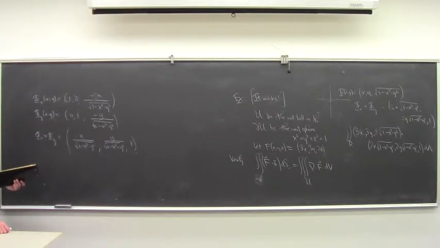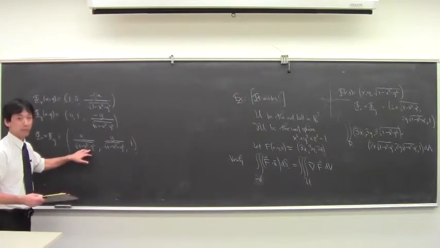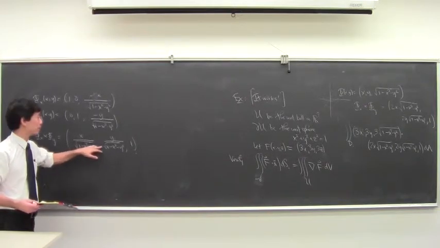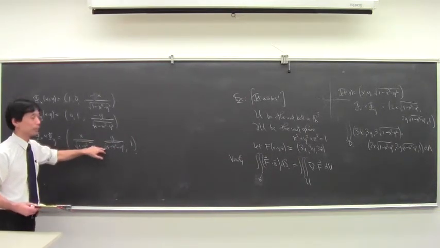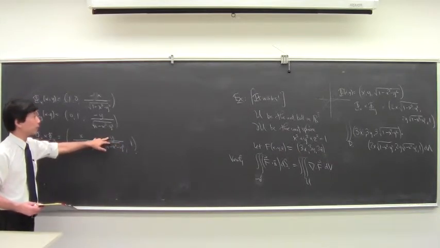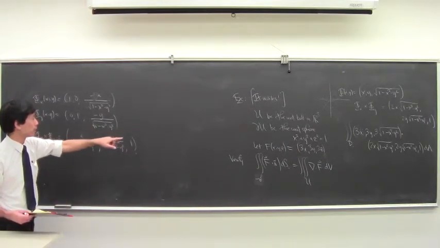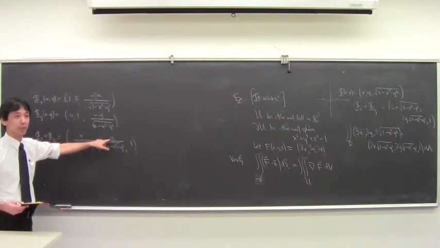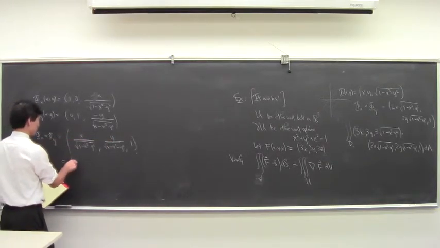What happens when you normalize this? This thing here is your z, right? So basically what you have is x over z, y over z, 1. So when you normalize it, remembering that x squared plus y squared plus z squared equals 1, you end up with x, y, z.